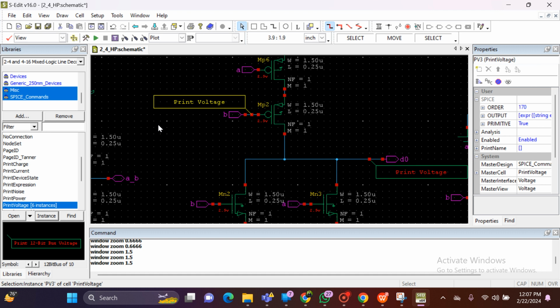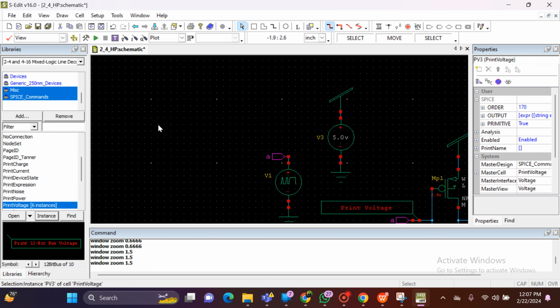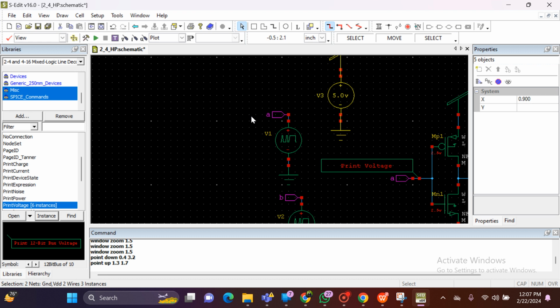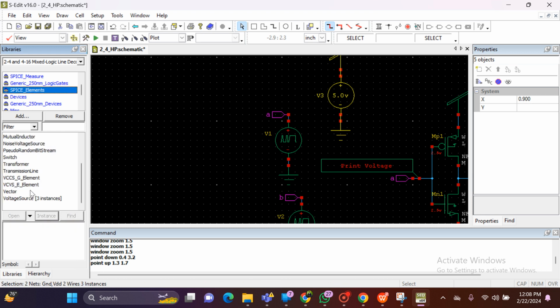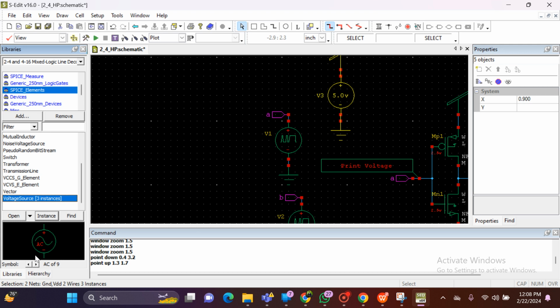Next, these are the power sources. Where do you get this power source? Go to the spice commands, sorry, spice elements, voltage source. Here we have some power sources: sine, AC, and so on.